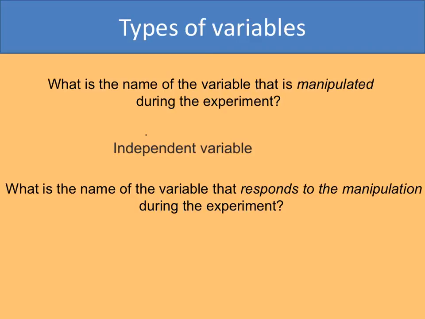Dependent, exactly. That means we don't do anything to that. All we do is measure that. In this case, the number of people who are protected from the disease versus the number who aren't.